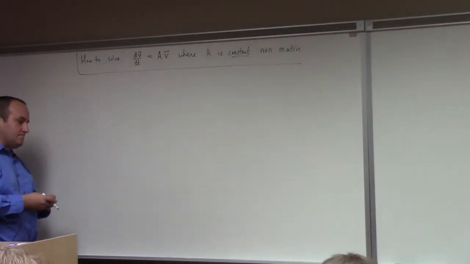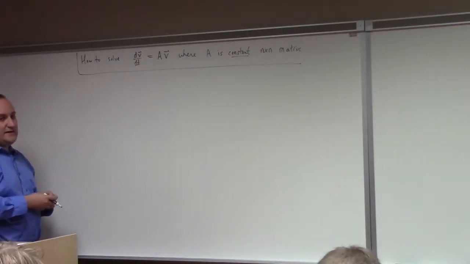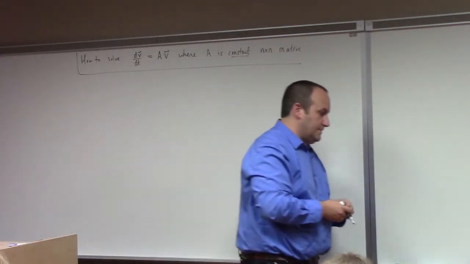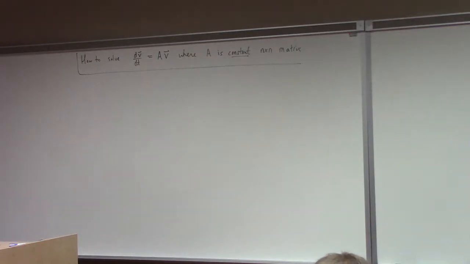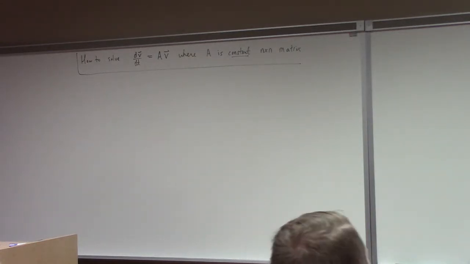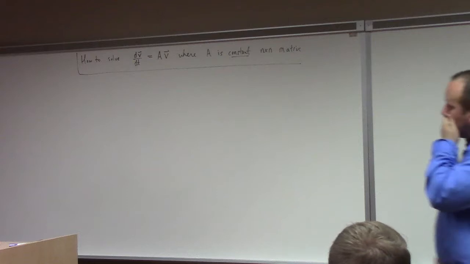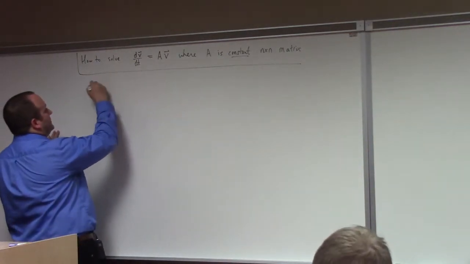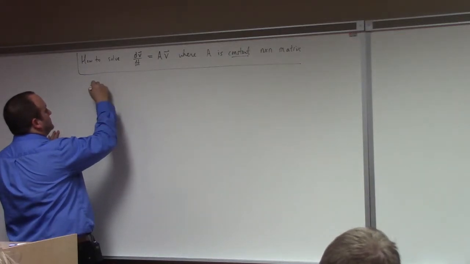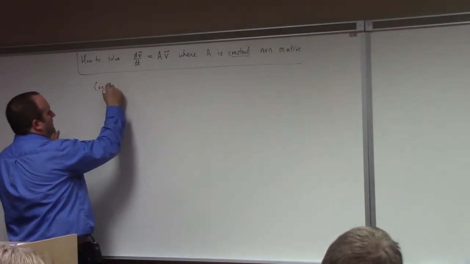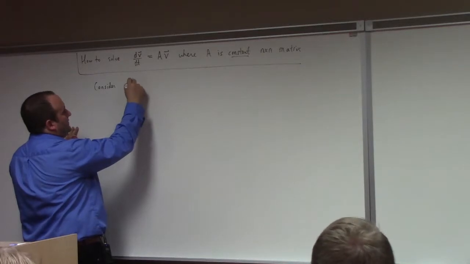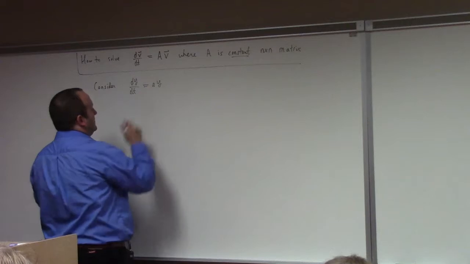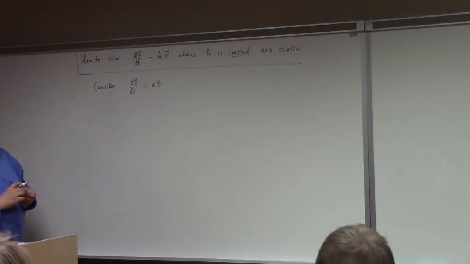I showed you last time, this is a homogeneous system of differential equations. Once we learn how to solve that, then we can go and solve the non-homogeneous problem. Now, what's this like? If we try to solve dy/dt equal to a times y, what do we solve that with?